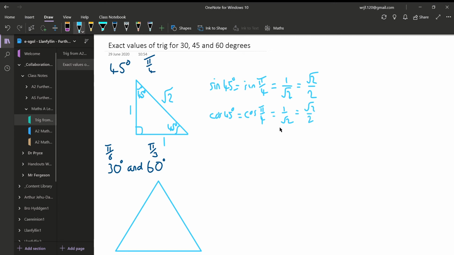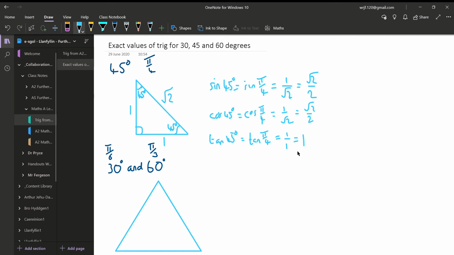And then the last one to think about is the tan of 45 degrees, or tan of pi over 4 radians. Tan being opposite over adjacent, so we've just got 1 over 1 there, or just 1. And there are our exact values for 45 degrees for each of the 3 trig functions.